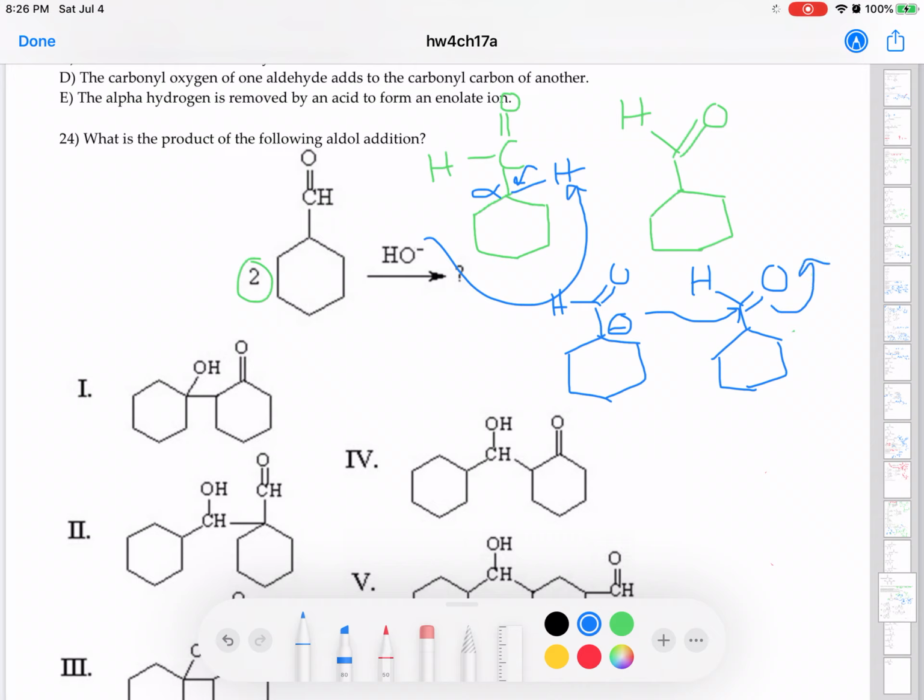Now it looks like an aldol reaction. Okay, so let's see what connection we're going to form. So the alpha carbon of one of the carbonyl compounds forms the bond with the carbonyl carbon of the other aldehyde or the ketone. So we have this one right there, that part, and then it's going to form a bond here, and this can grab the hydrogen.